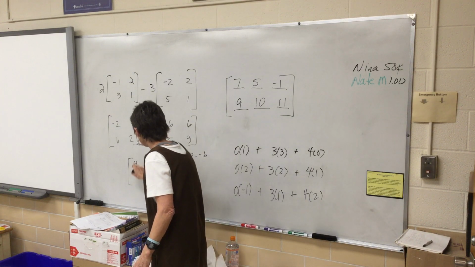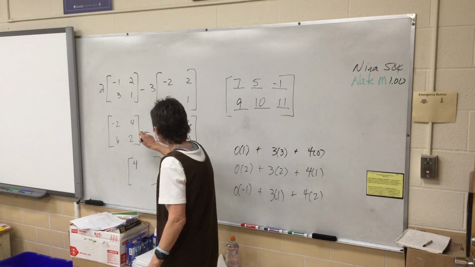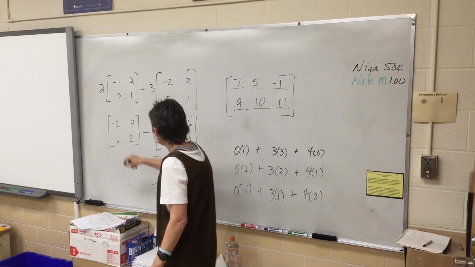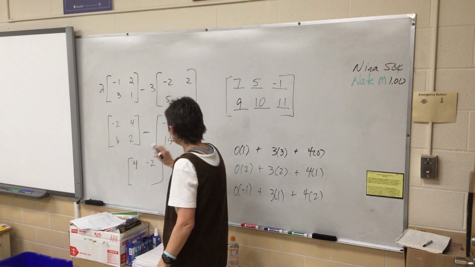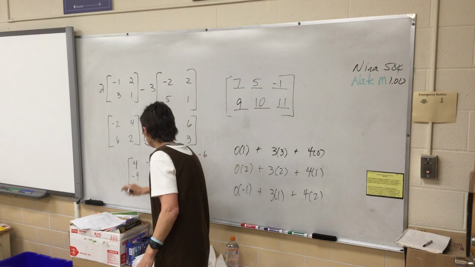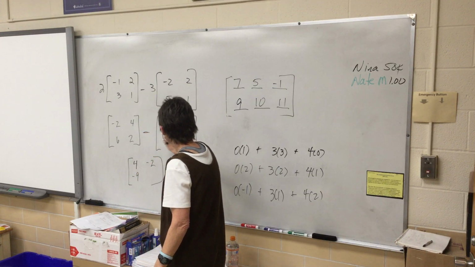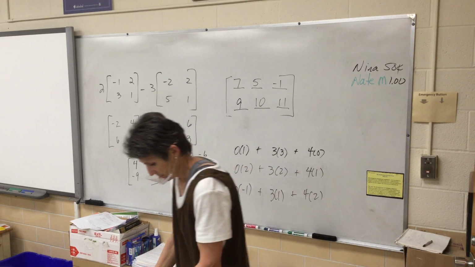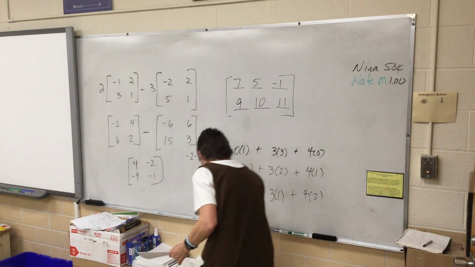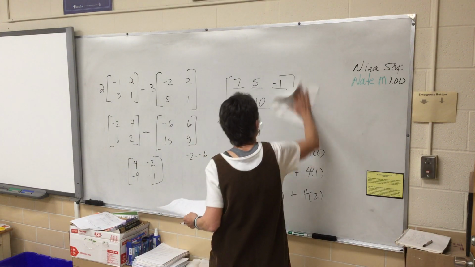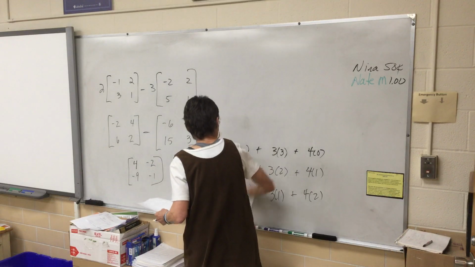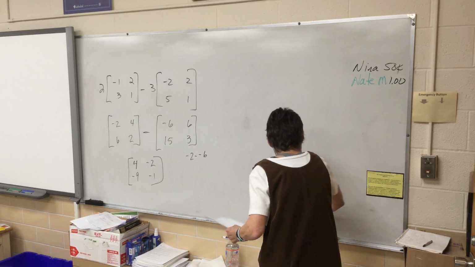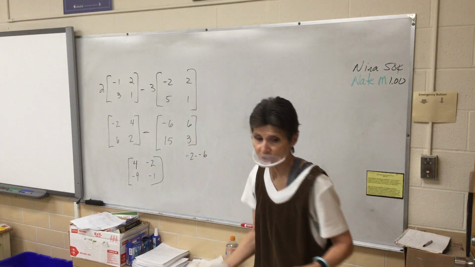That's going to give me a 4. 4 minus 6. 6 minus 15. 2 minus 3. When you add and subtract, you have to be the same size. So that's why we could do that problem.